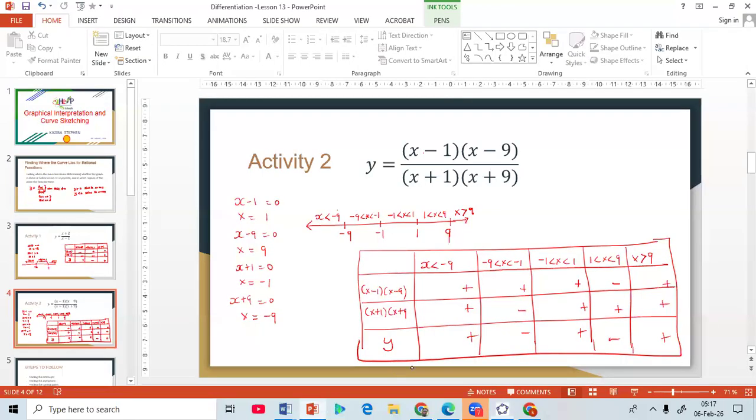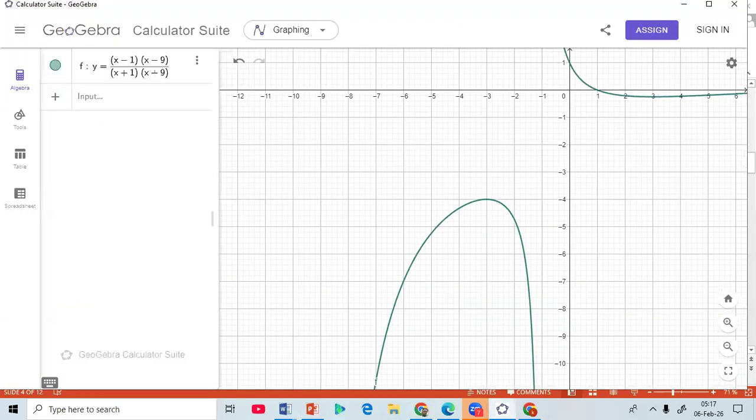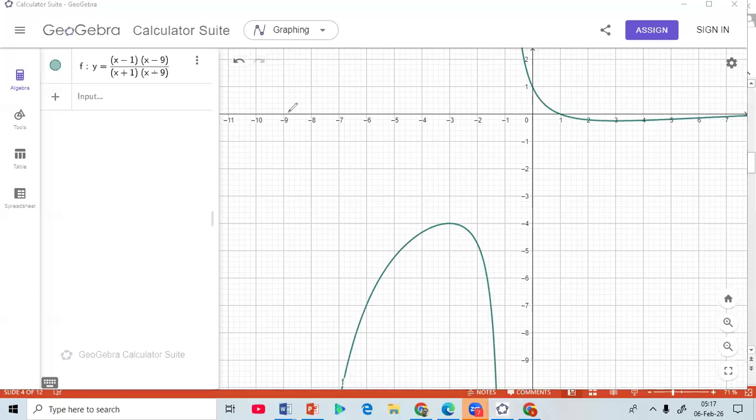And you notice that anything that was between -9 and -1 was a negative. So when you look at your curve here very well, between -9 and -1, it is below the axis. When you go back and look at the behavior between -1 and 1, here it was up.